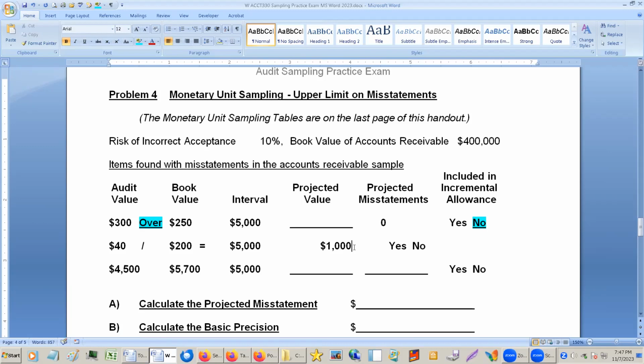And so the projected misstatement would be how much? 4,000? And this is a normal run-of-the-mill one. This is what you expect to have. So this would actually be included in the incremental allowance.